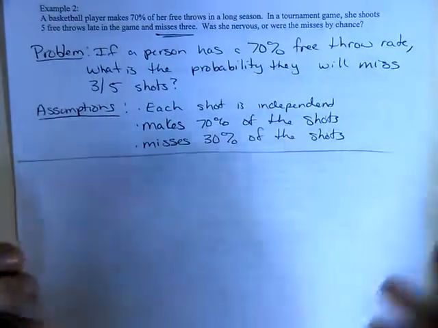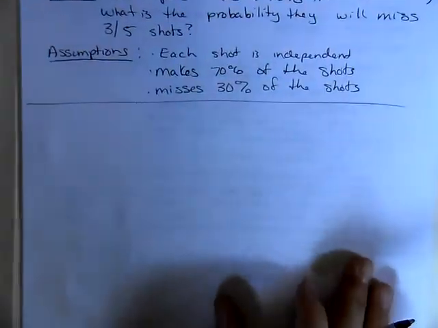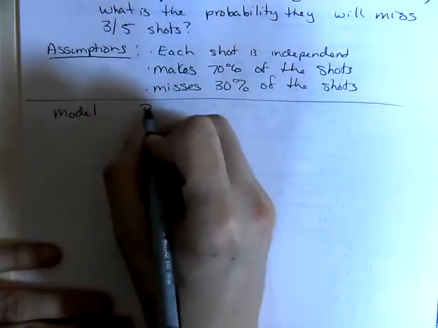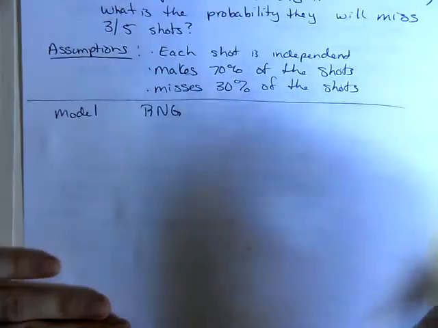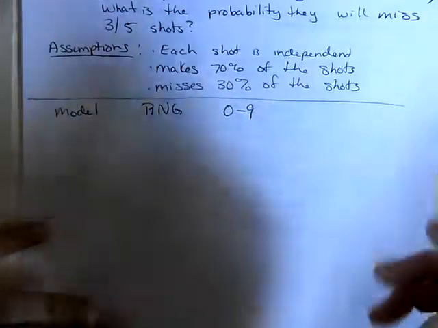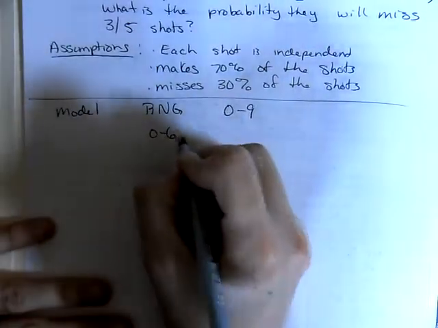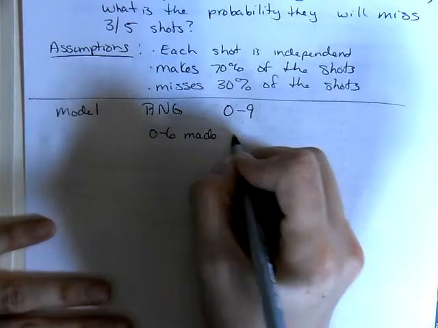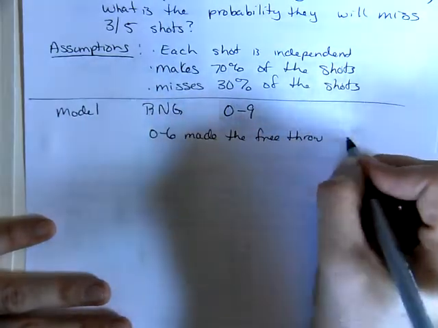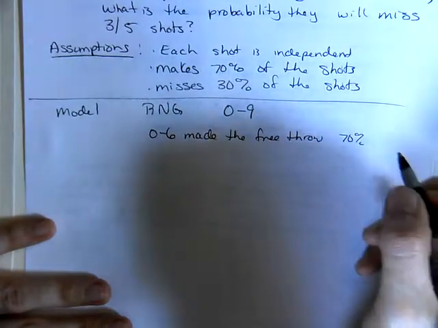Okay, so here's how we're going to model this using a random number generator. I'm going to use the digits 0 to 9, so I can just stick with one digit. 0 through 6 is going to be that she made the free throw. Okay, that's 70% chance.